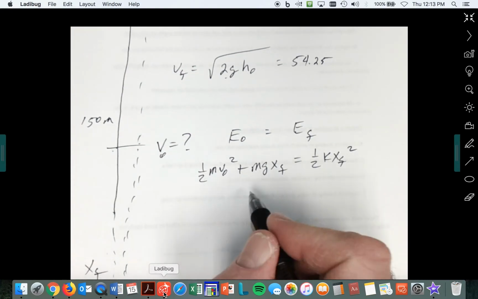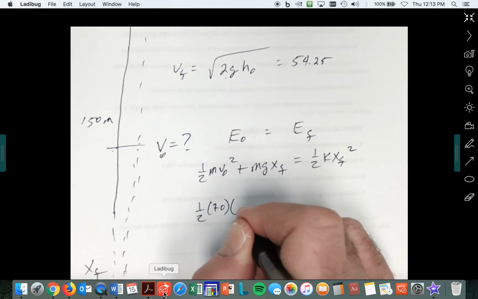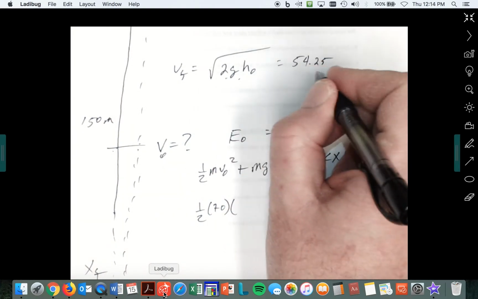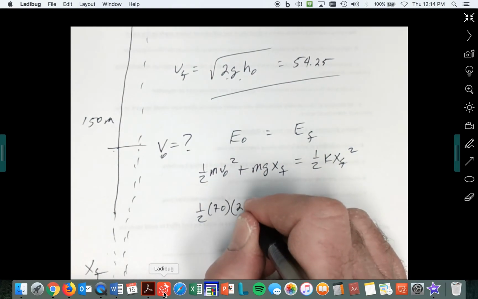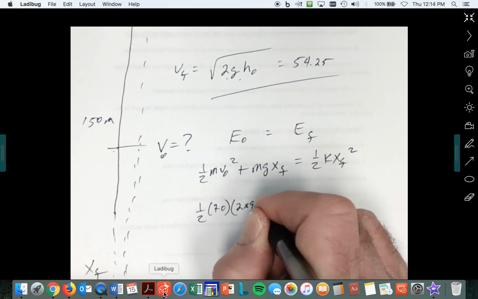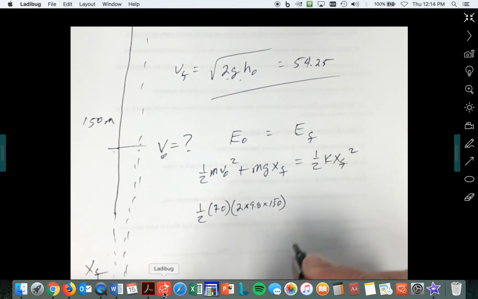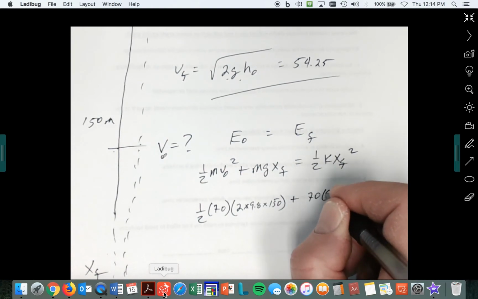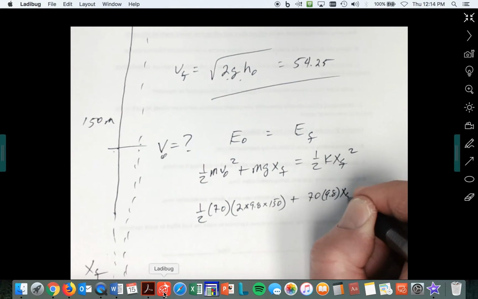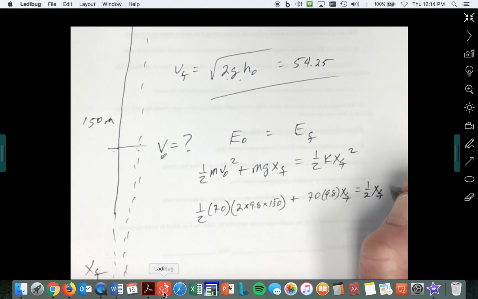Something kind of cool happens here when we do this: 1/2 times 70 times, now what's v squared? It's 2gh. So we put in 2 times 9.8 times 150 plus 70 times 9.8 times x final is equal to 1/2 k x final squared.